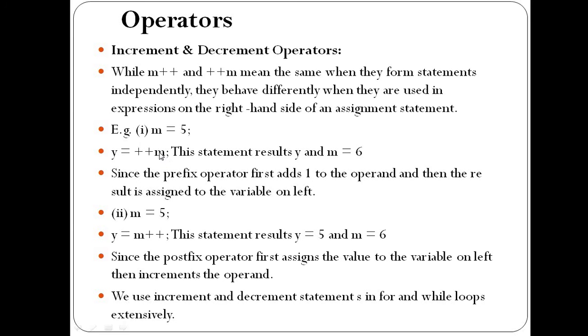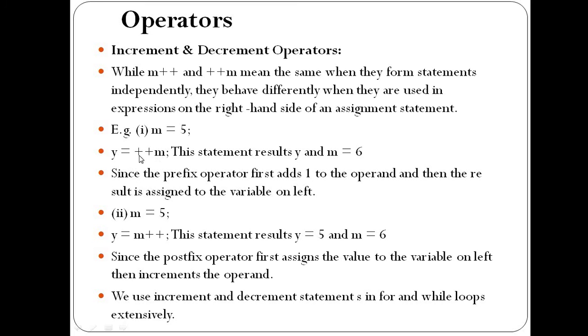Now what is the value of m here? 5. But what happens here? First m adds 1 to the m value and then m is assigned to y. So what is the value of m? 5. First 5 plus 1 is 6. So m first adds 1 to 5 and then the value is assigned to y.